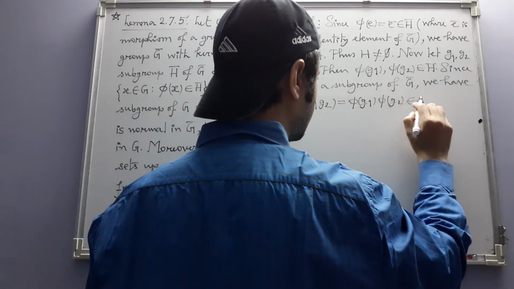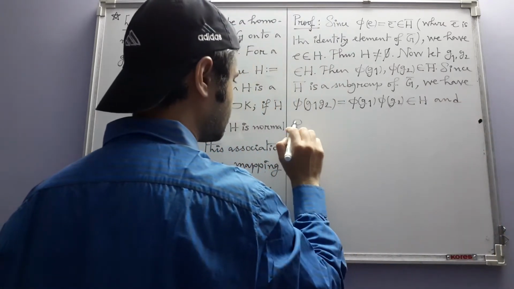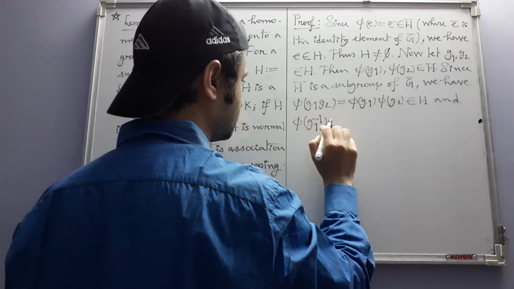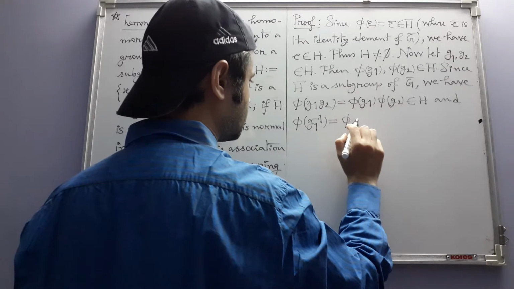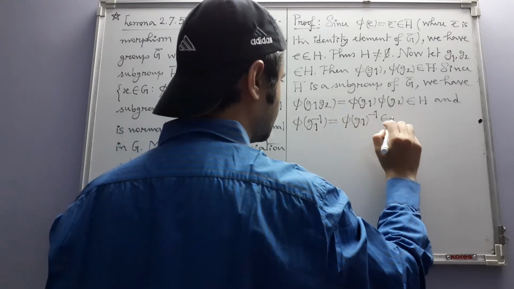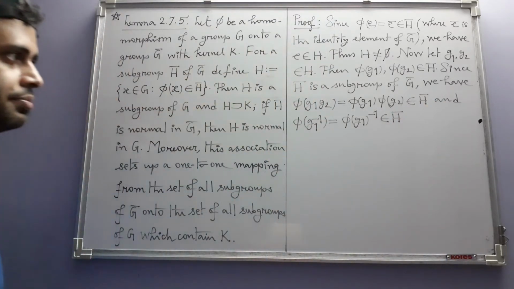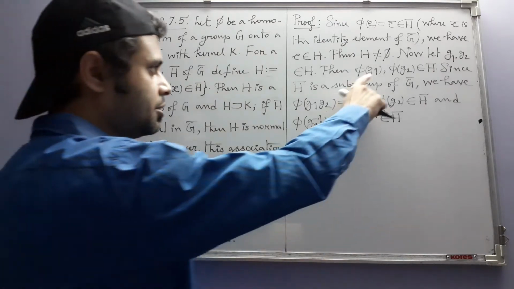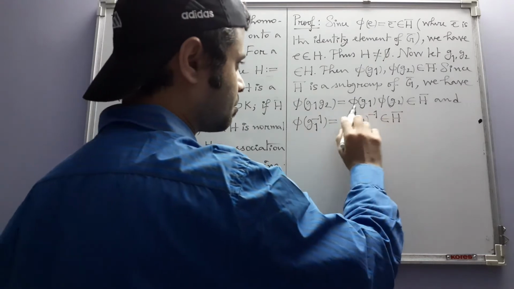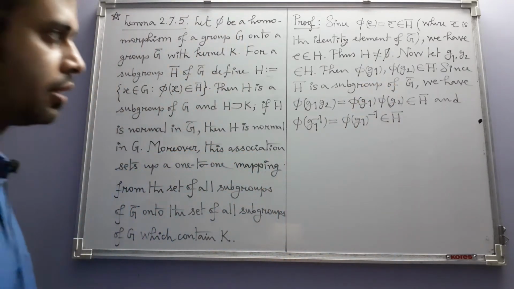This belongs to H bar, and phi of G1 inverse also belongs to H bar. Because these are elements in H bar and H bar is a subgroup of G bar, the product of them and the inverse of one of them will belong to H bar again.